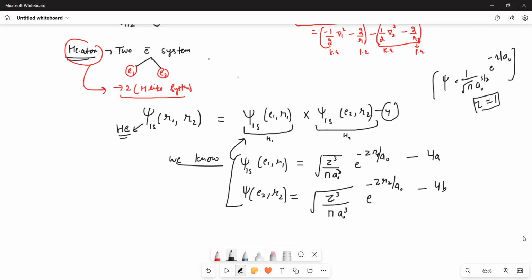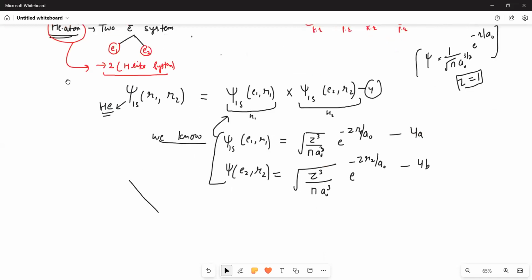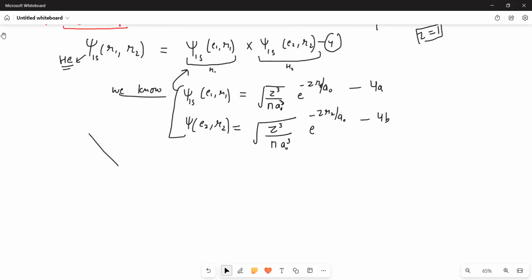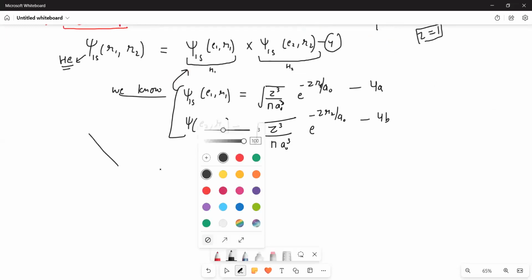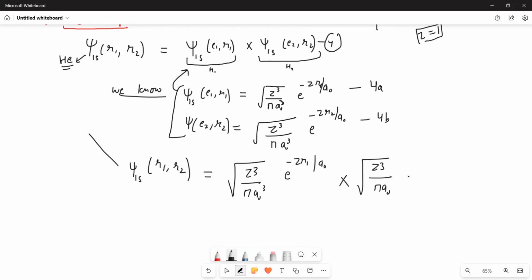So by using 4a and 4b in equation number 4, you will get psi1s of r1 r2 equals z cube by pi a naught cube e raised to power minus z r1 by a naught, into z cube by pi a naught cube exponential minus z r2 by a naught.